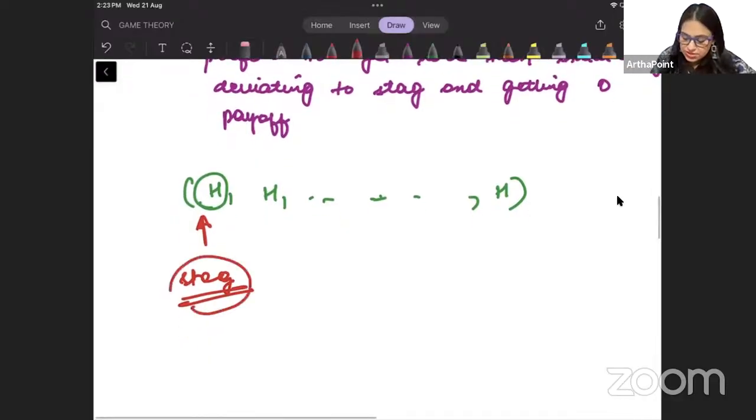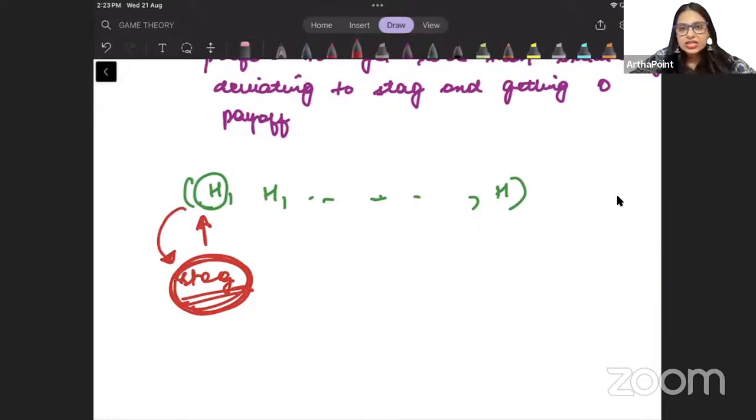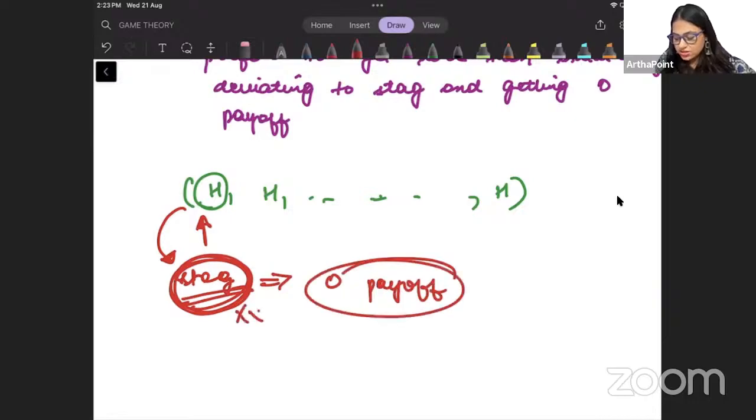If this person deviates and starts looking for a stag, what will happen, beta? He will get zero payoff. Why? Because individually you cannot search for a stag. You cannot catch a stag alone.